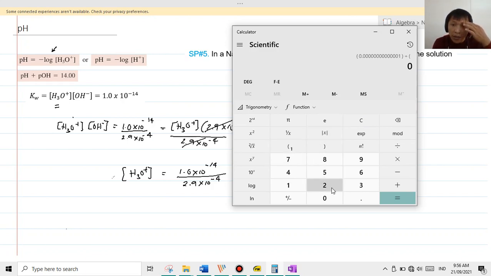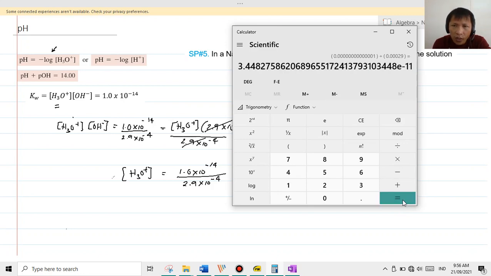Divided by 2.9 raised to negative 4, with parentheses. And then what it will give you is 3.45 times 10 to the negative 11.